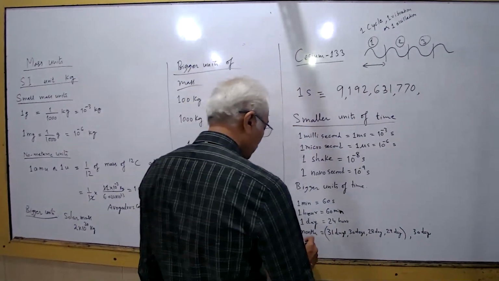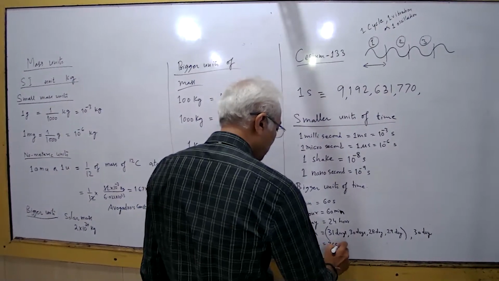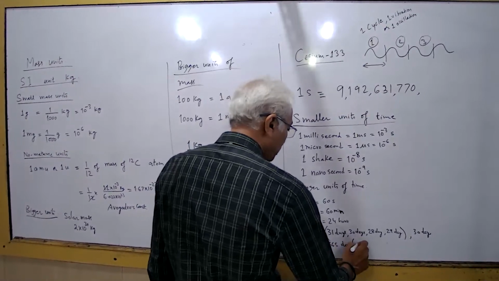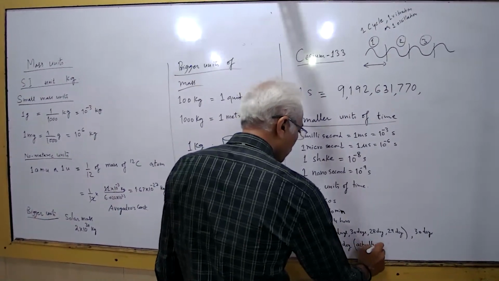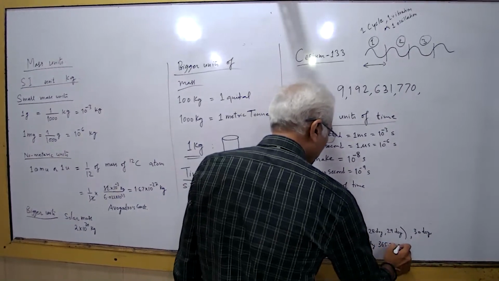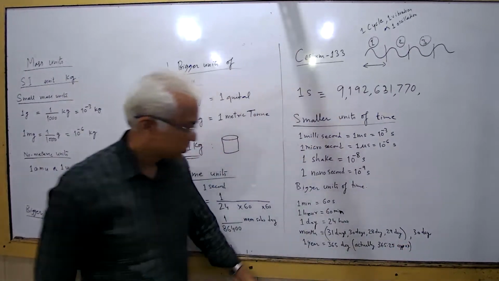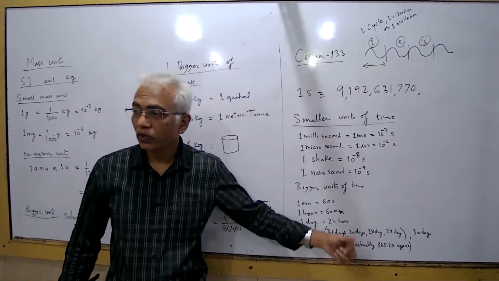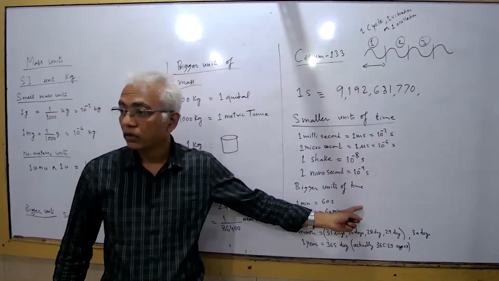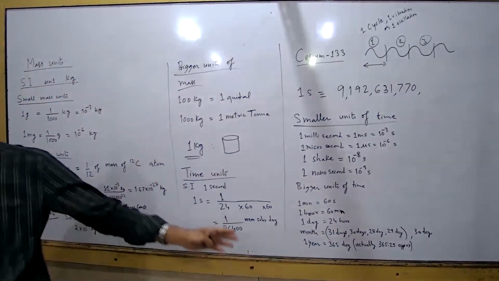So 1 year is 365 days. Actually, it is 365.25 approximately. So every fourth year, 1 day becomes extra. On that fourth year, the Feb month has 29 days. Otherwise, it is 28.